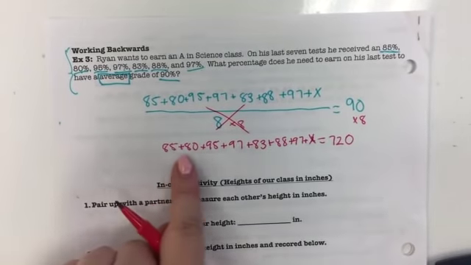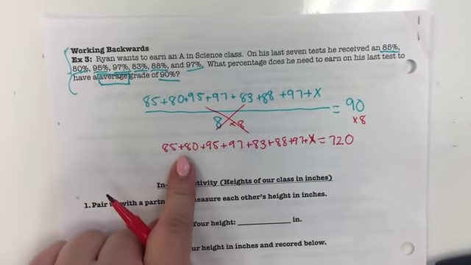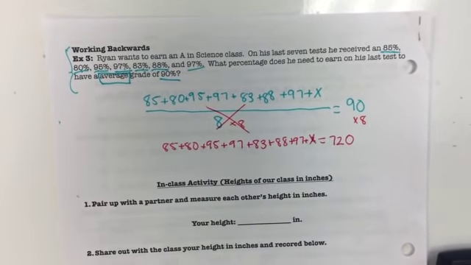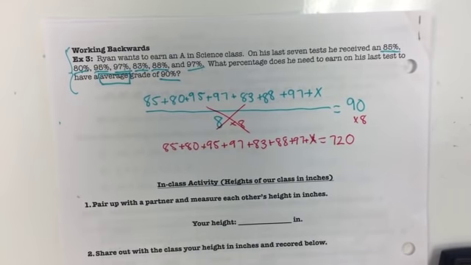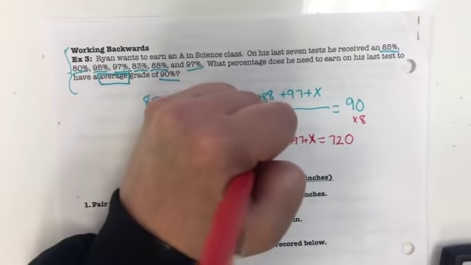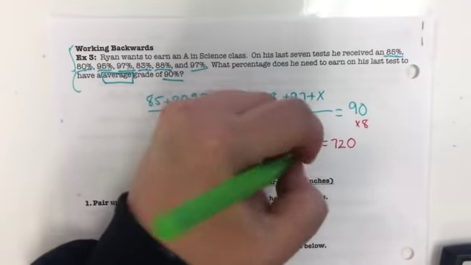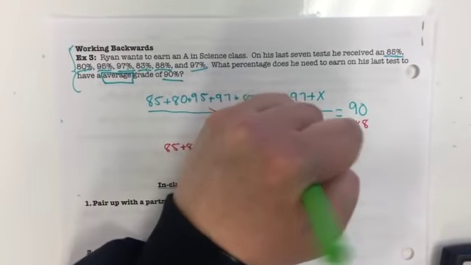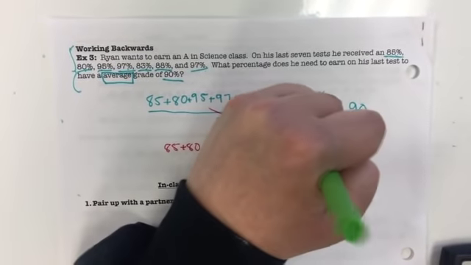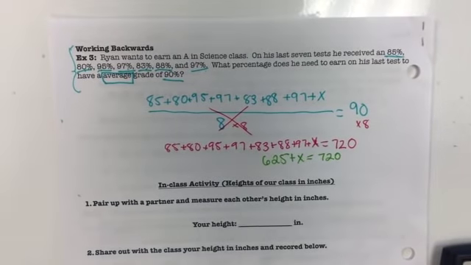So we can go ahead and add up all of the test scores that we do know. So we'll take 85 plus 80 plus 95 plus 97 plus 83 plus 88 plus 97, and that should be 625, and then we're adding that last test score of x, and that has to equal 720.